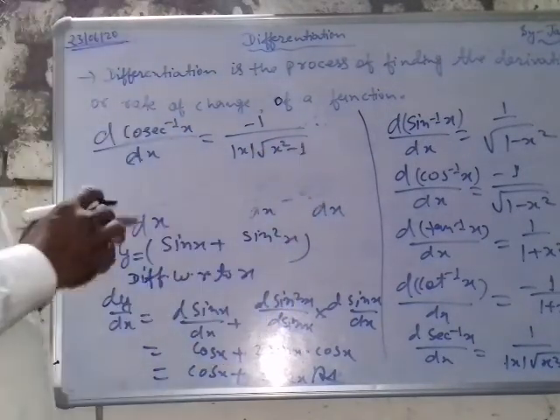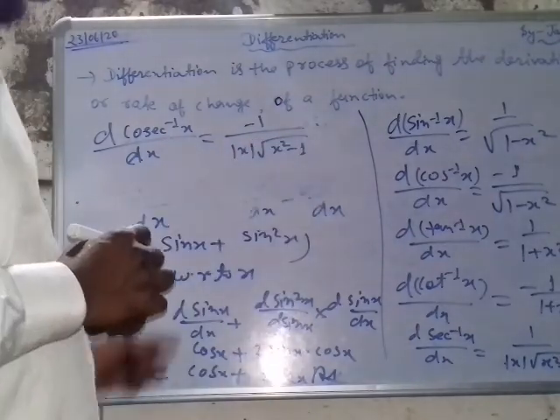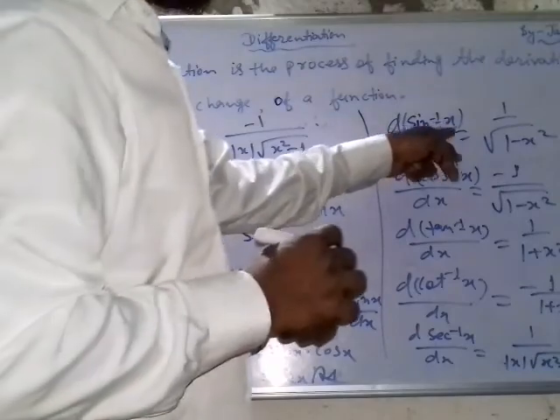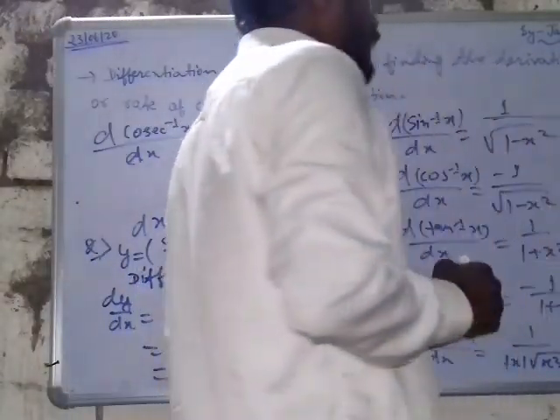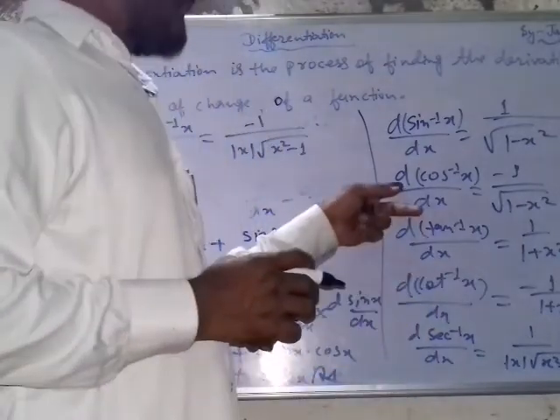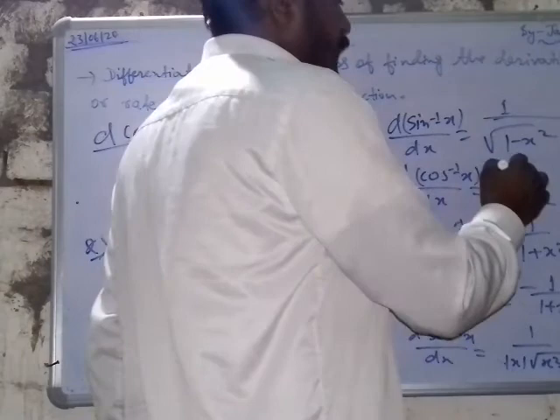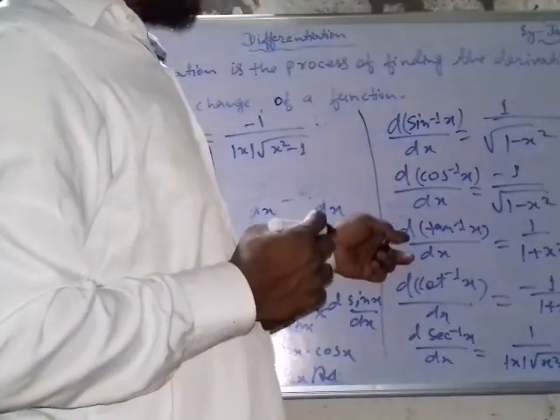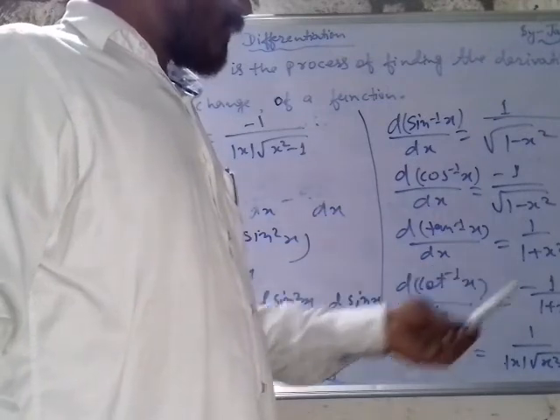Okay, and these are the formulas for inverse trigonometric functions. Differentiation of sin inverse x equals to 1 divided by root under 1 minus x square, and cos inverse x equals to minus 1 by root under 1 minus x square. Differentiation of tan inverse x equals to 1 by 1 plus x square.